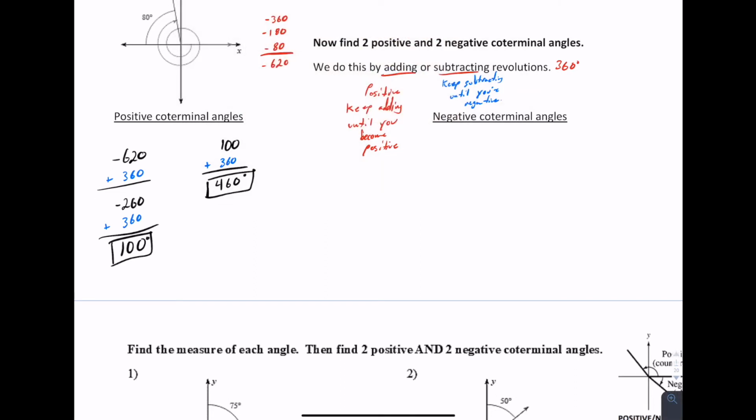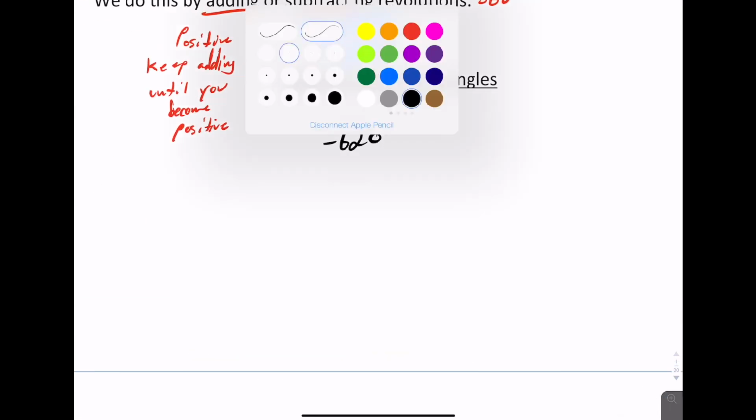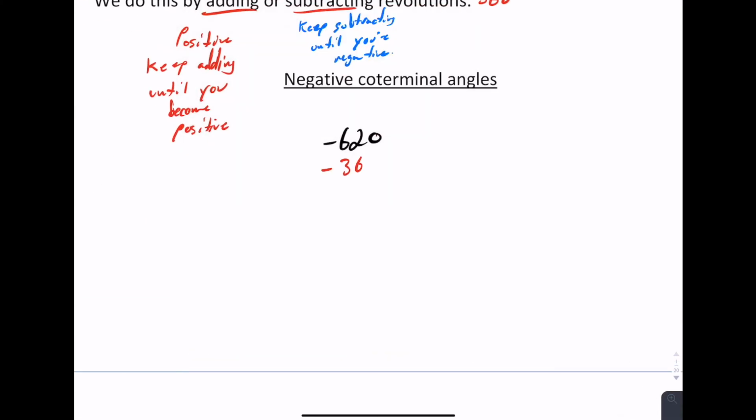Now, for the negative coterminal angles, we can start at our negative 620, and if we want to get another negative, you just subtract 360. So it's negative 620 minus 360. You get negative 980.